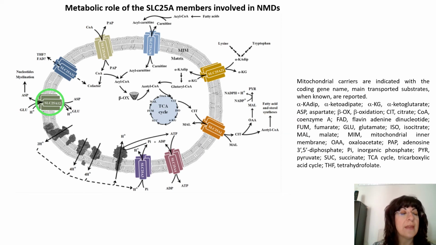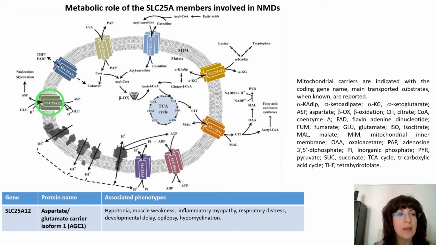Here you can see the aspartate/glutamate carrier, which catalyzes the electrogenic exchange of cytosolic glutamate for mitochondrial aspartate. This is a key component of the malate-aspartate shuttle, which transfers NADH reducing equivalents from cytosol to the mitochondrial matrix, so taking part in ATP synthesis.